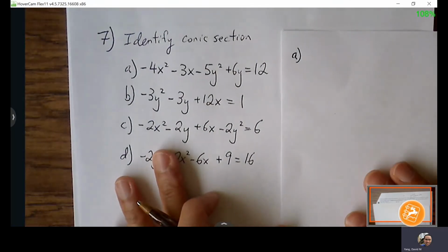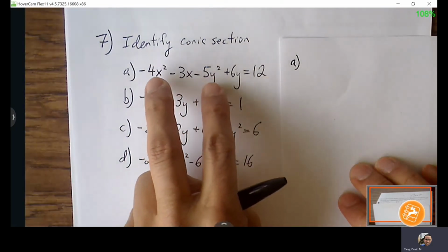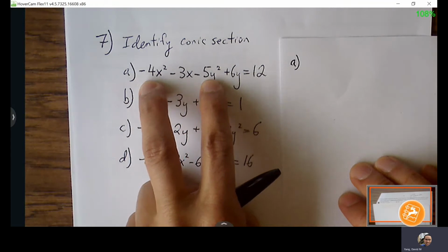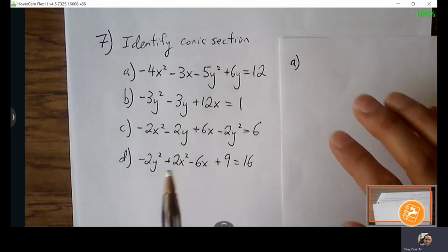Identifying conic sections. Okay, so we only care about the x squared and the y squared. We should be able to determine, we don't have to work anything out. We can determine just by looking at the x squared and y squared whether we're dealing with hyperbolas, ellipses, or circles. So for part A, x squared and y squared, same signs, different coefficients.